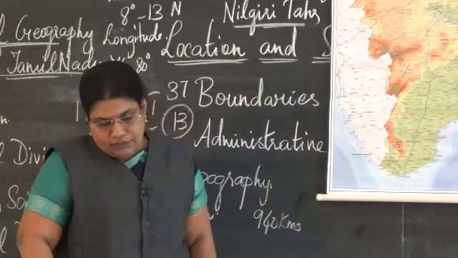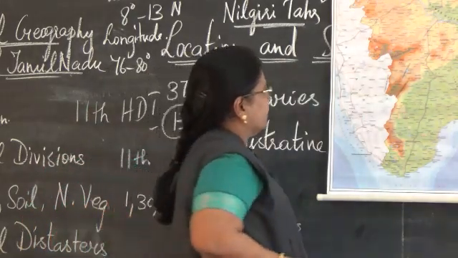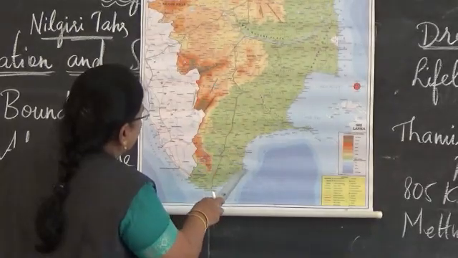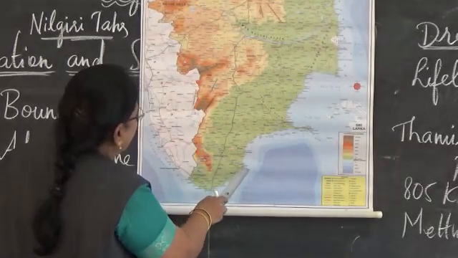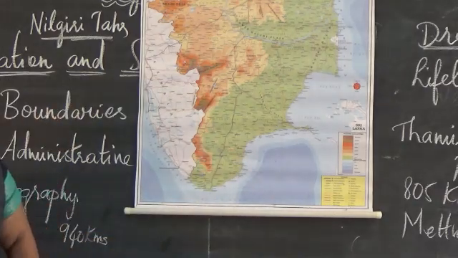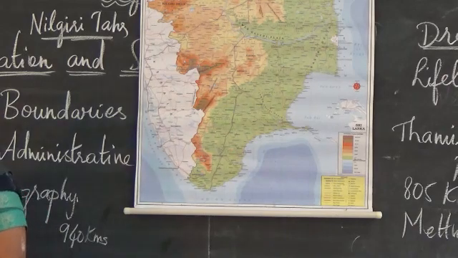The water of this river originates from a peak of the Agasthyar Hills. You can see the course of the river. The origin of the river is associated with sage Agasthyar.